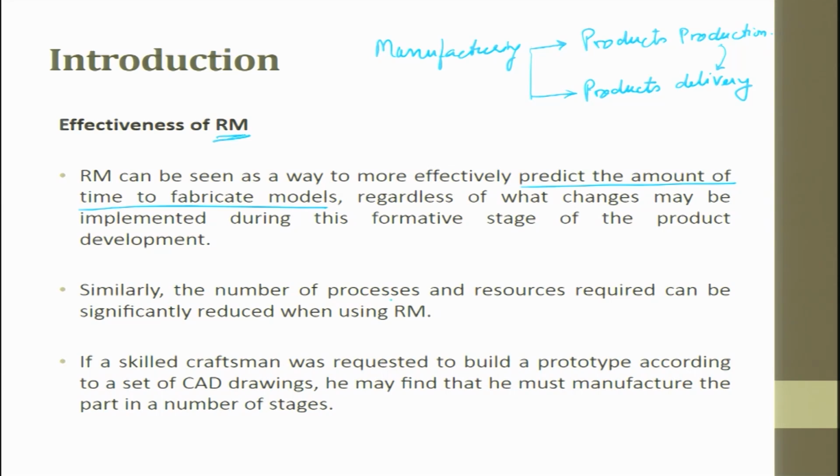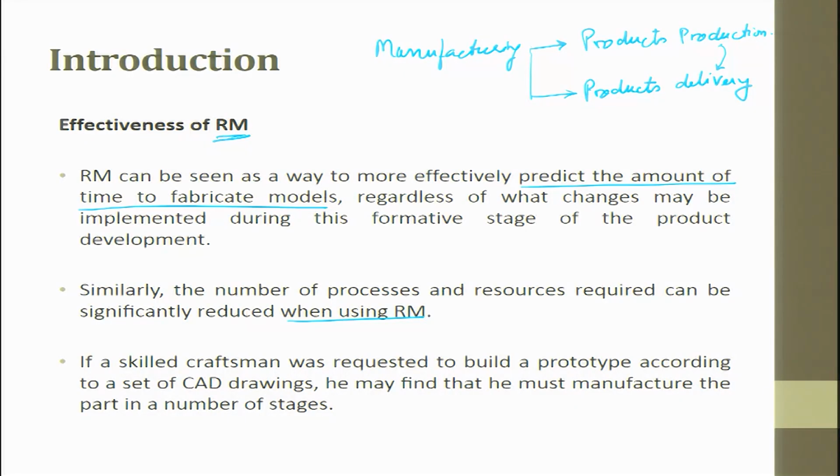Similarly, the number of processes and resources required can be significantly reduced when you are using RM, because in one machine where you fired the CAD model to get the part, that is only one machine. So you have to do a lot of optimizations. I do agree it is not as easy as what I say. If it is polymer, yes, but in polymer also, there are shrinkages which come. In polymer, there is a strength component. And in polymer, sometimes delamination happens.